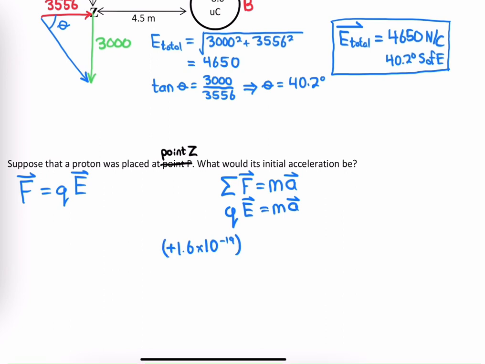Now, the electric field that it's in is this guy here, 4,650 newtons per coulomb, 40.2 degrees south of east.